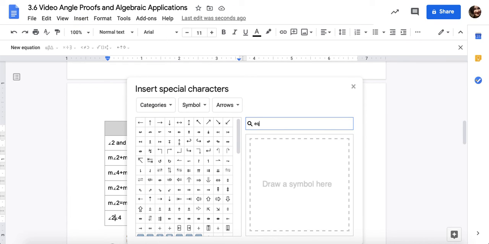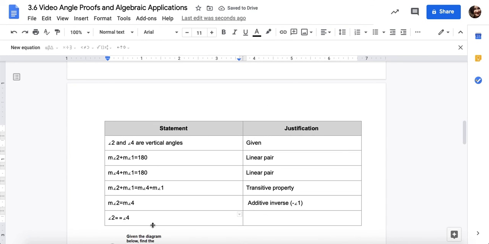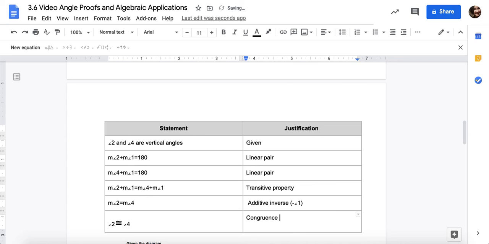So here I'm actually going to search and find our congruence symbol. It's the one that's an equal sign with the squiggly line. Mine is very small. Let me make it larger so you can tell. There's our congruence symbol. And that is because of our congruence theorem, specifically for angles, because there's also one for segments.